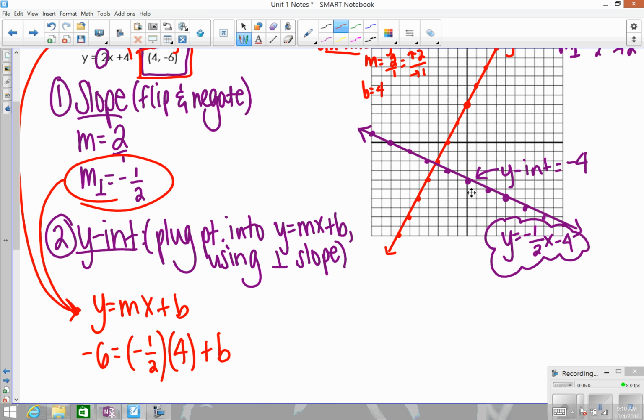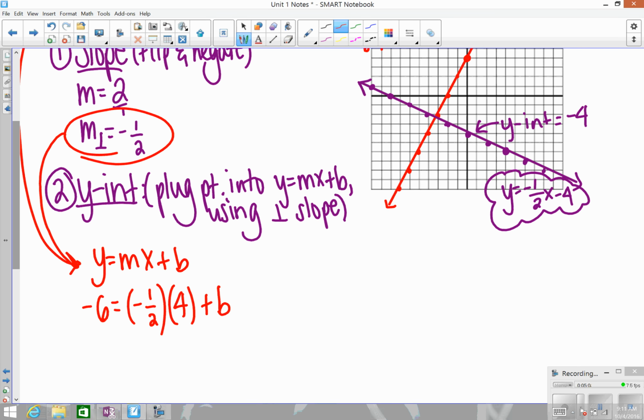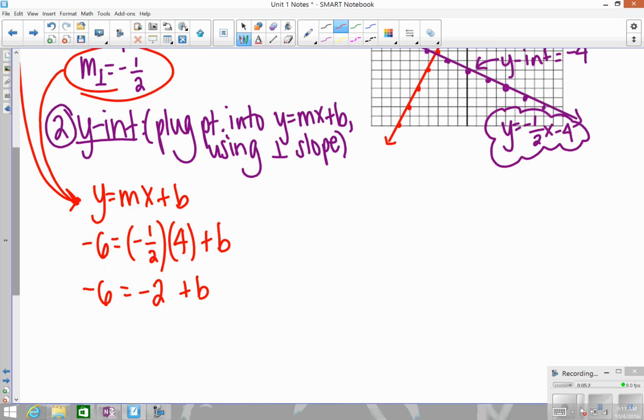If this was a fraction, you wouldn't be able to do it on a graph, which is why plugging in the point will always work. And just make sure that you always use the perpendicular slope when you plug in if you're trying to find the equation that's perpendicular to the original. So now I just simplify this. This is like saying 4 divided by -2, so it'll be -2 plus b. Add 2 to both sides. So you get -4.